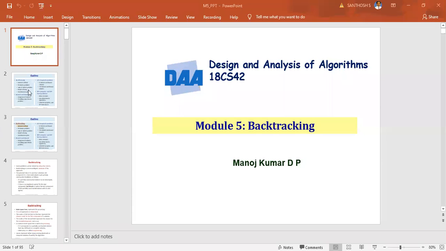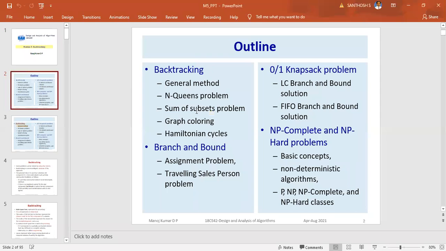So in backtracking, we shall see what all the concepts are. This is the outline of module 5. First you will be having backtracking. Second major concept, branch and bound. Third, knapsack problem. Fourth, NP-complete and NP-hard problems. So coming to backtracking, we are going to discuss the subtopics listed below: general method, N-queens, subset, graph coloring, Hamiltonian cycle.